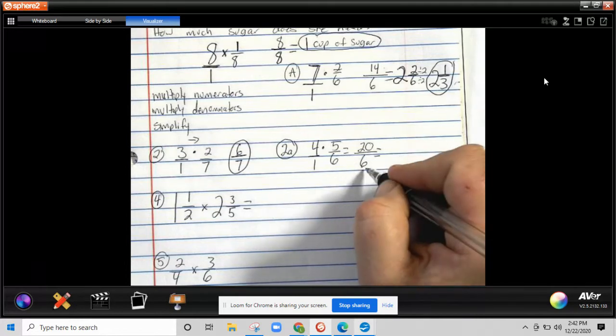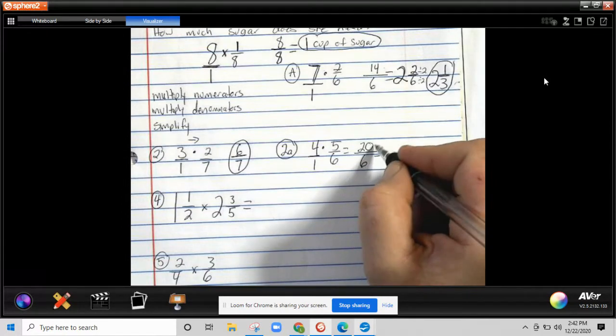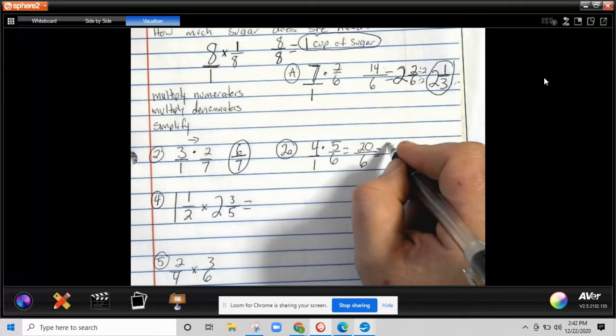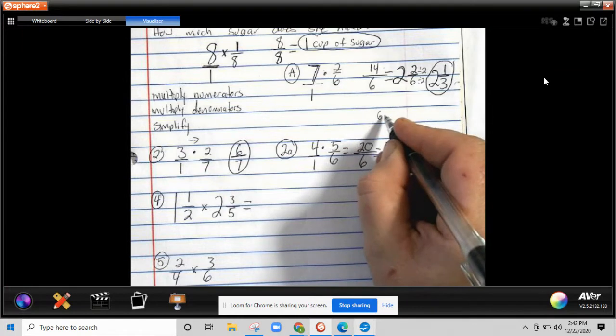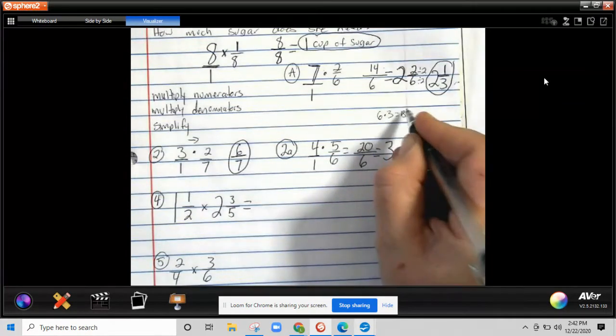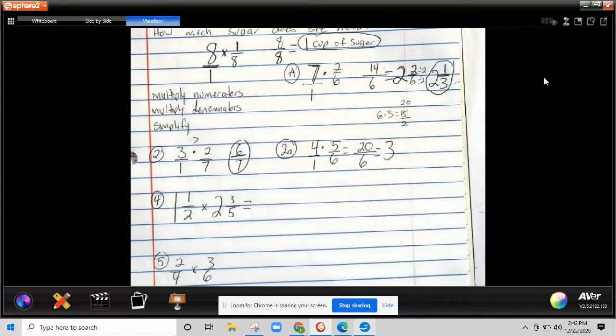So how many times can 6 go into 20? Well, 6 times 4 is 24, but that's going over 20. So I'm going to do 6 times 3, which is 18. So if I can do 6 times 3 is 18, and then 20 minus 18, I'm left over with 2.